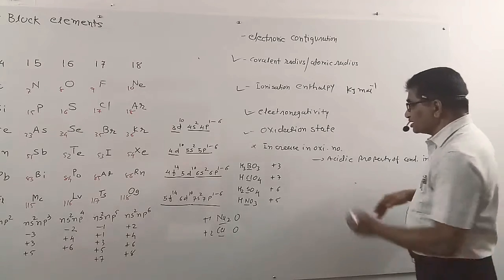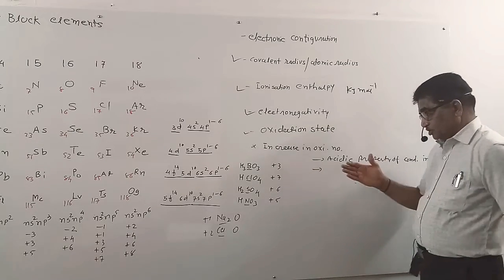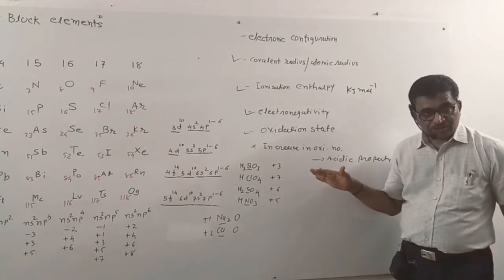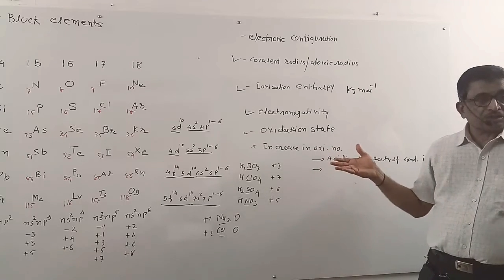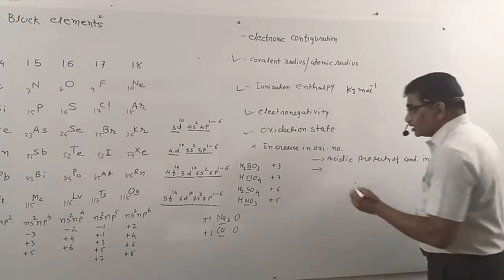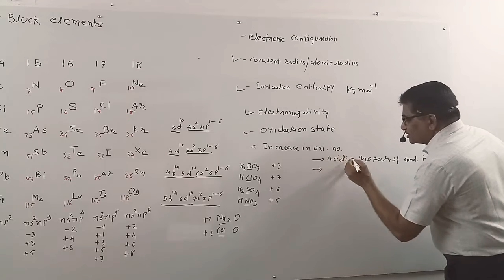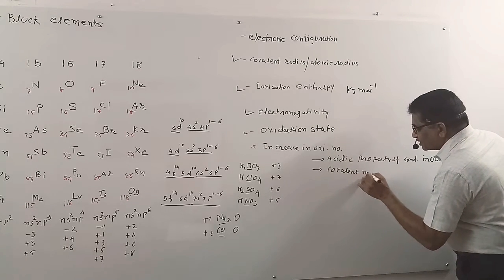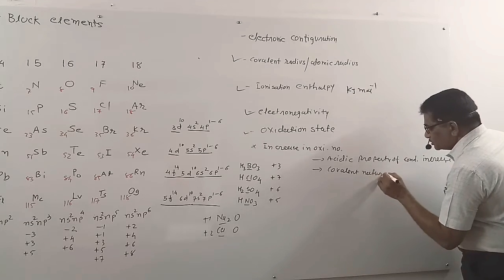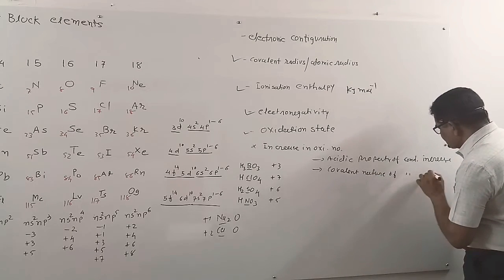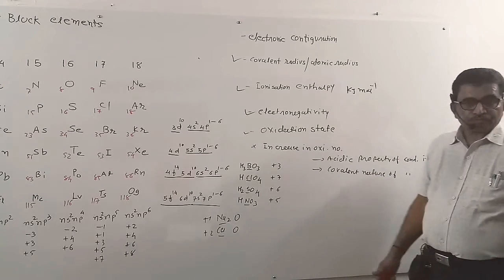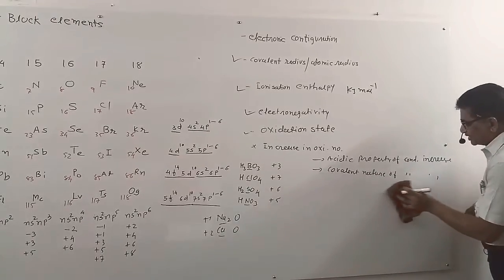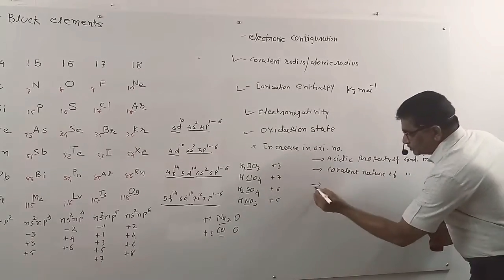We know that another important property depending upon oxidation number is covalent nature. If the oxidation number increases, the covalent nature of the substance increases.